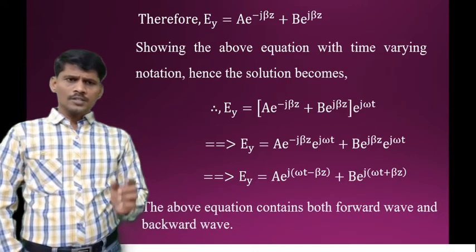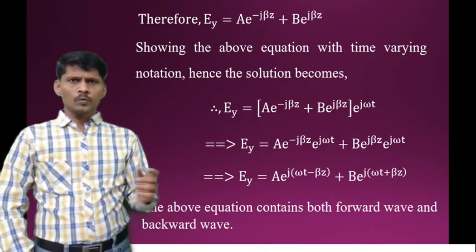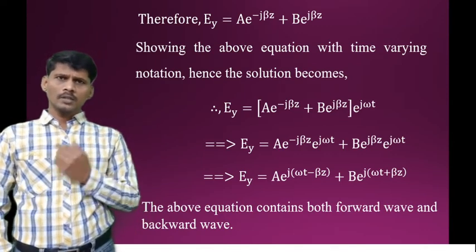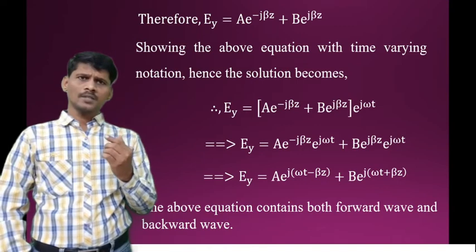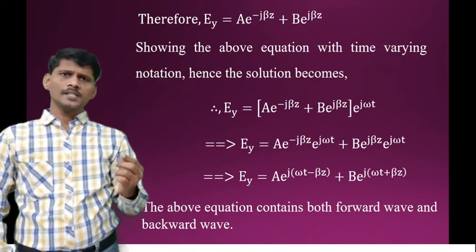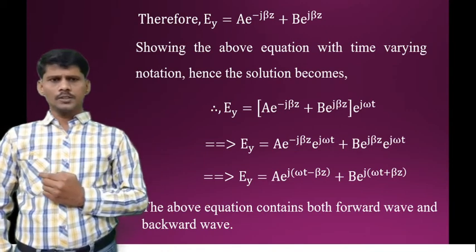So this equation indicates there are two waves. One is the forward traveling wave and the other is the backward traveling wave. The first term represents the wave traveling in the positive z direction, and the second term indicates the wave traveling in the negative z direction.